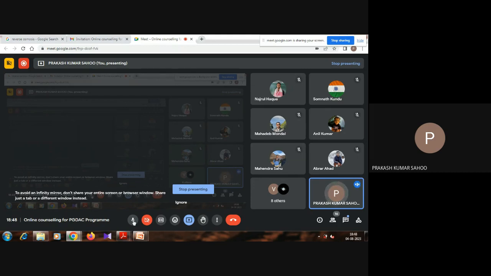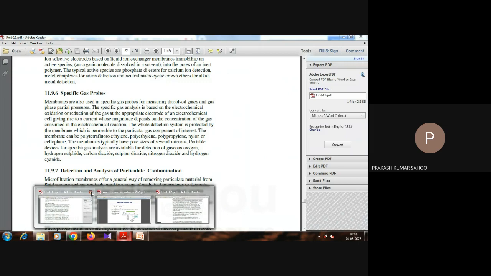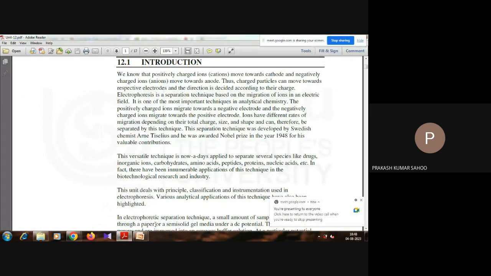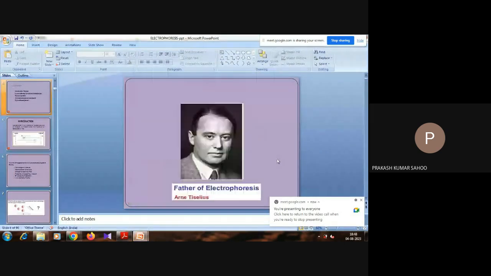Let's have the last part of this block, Unit 12, which is related to electrophoresis.